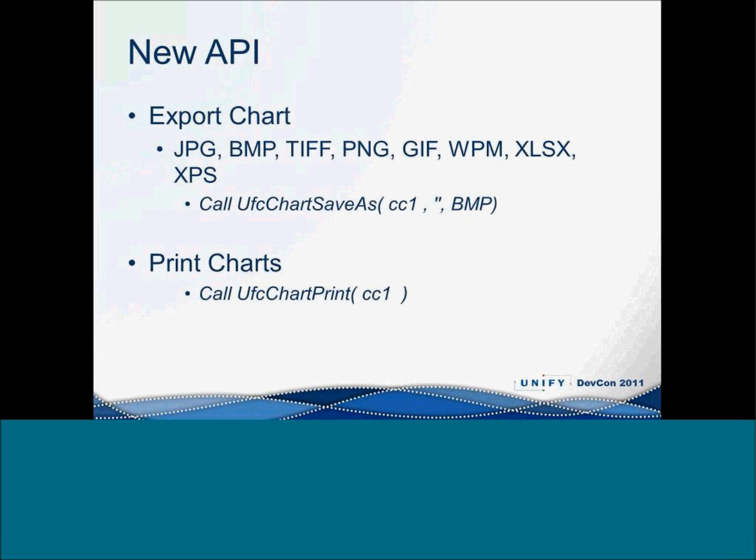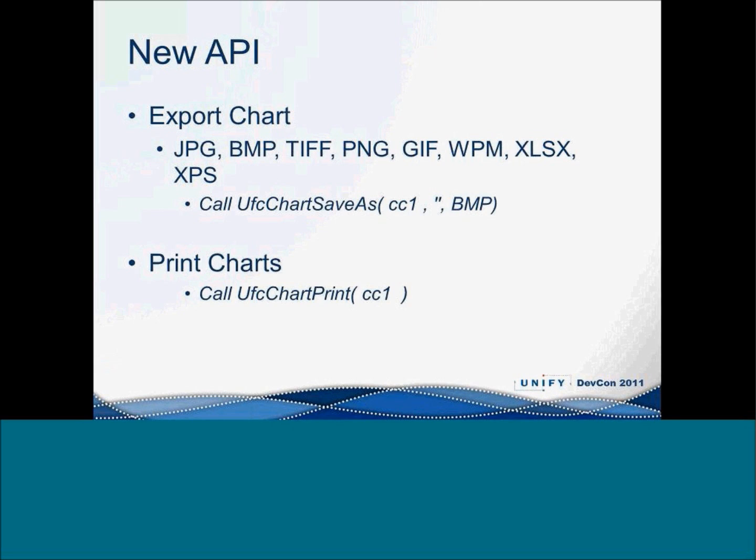The new API supports also to export charts. That means we have a simple UFC chart save as call. That means we have to pass a parameter of the name of the chart. The second parameter is a file name, and the third one is the constant value of the format.